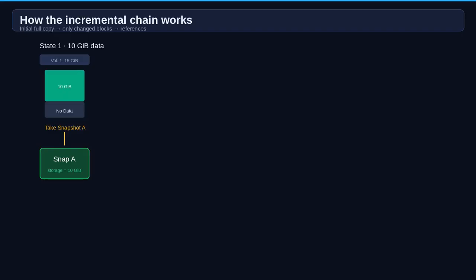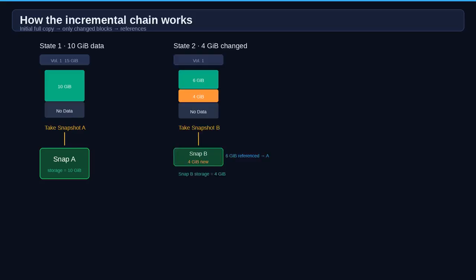Now watch the chain form, block by block. Picture a 15 gigabyte volume. In state 1, 10 gigabytes hold real data and the rest is empty. You take snapshot A. AWS copies those 10 written gigabytes. Snapshot A storage equals 10 gigabytes, a full initial backup of everything written. Time passes. 4 gigabytes of data change.